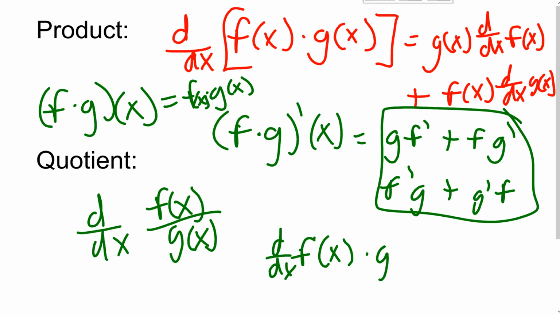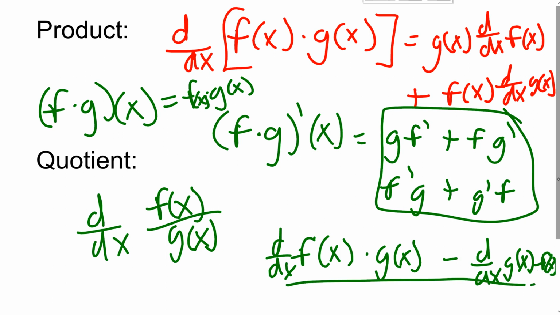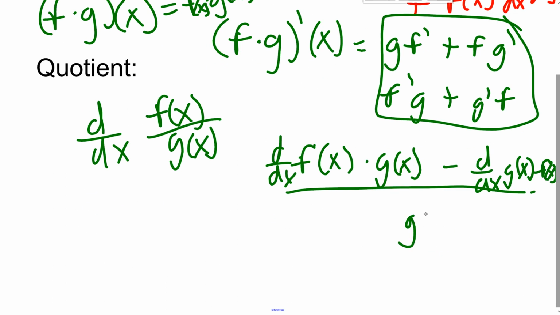Times g of x minus the derivative of the bottom times the top, all over the bottom squared. Okay, so it's the derivative of the top times the bottom minus the derivative of the bottom times the top, all over the bottom squared.